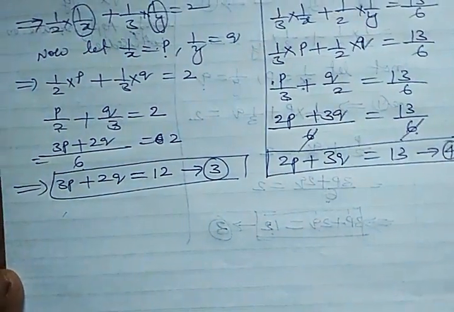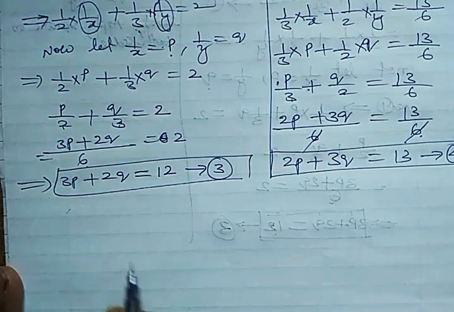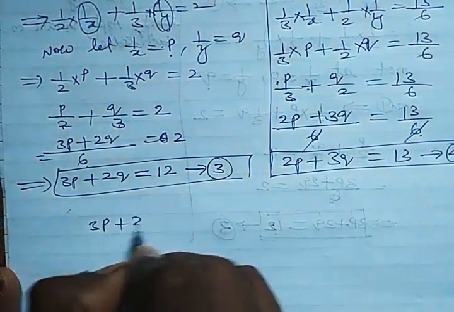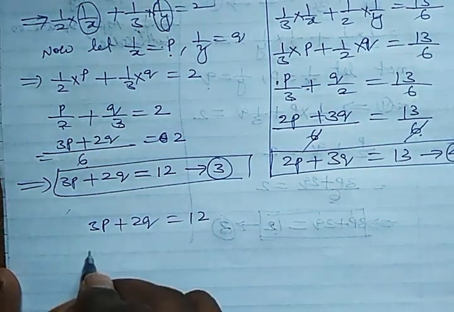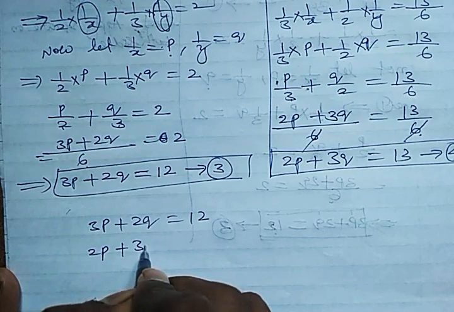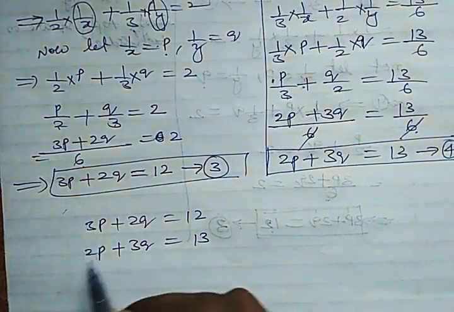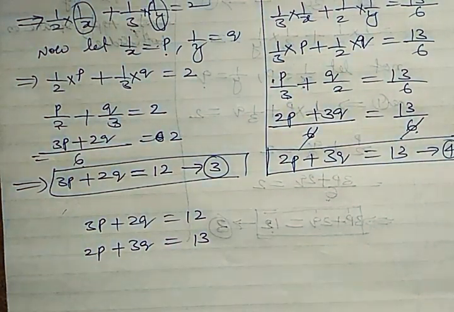Now we can solve them by using any method, whichever method you feel easy, that you can follow. I will follow the elimination method. 3p plus 2q is equal to 12, and 2p plus 3q is equal to 13. These are the two equations. Suppose if we make one term equal in both the equations, then we can use the elimination method.